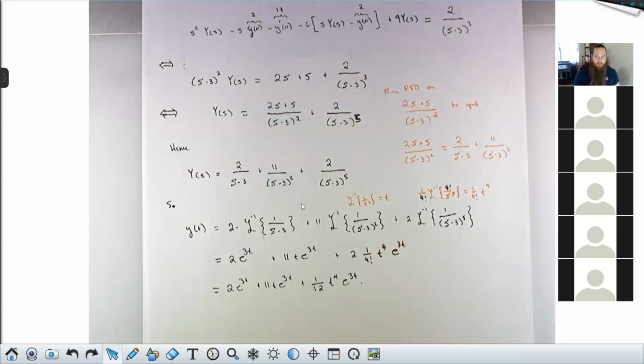It's not any faster, I guess is what I'm saying. If you're going to do PFD on 2s/(s − 3)^2, that's a two-term partial fraction setup. And (2s + 5)/(s − 3)^2 is also a two-term partial fraction setup. It's really not any faster. But yes, thank you. If you were following your nose and you did that, it would work out. It just wouldn't save any time.